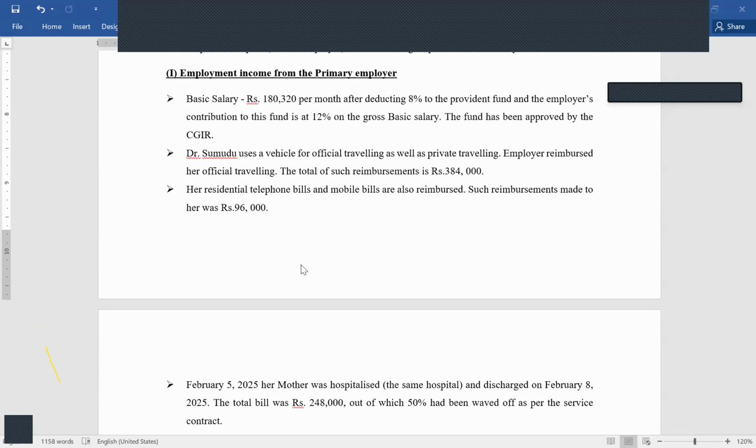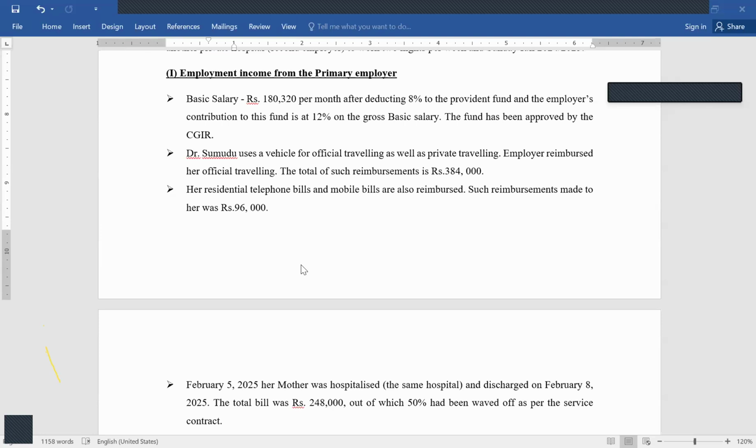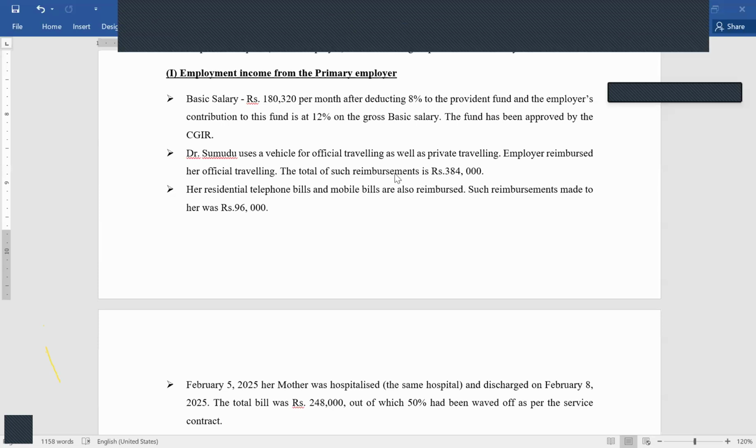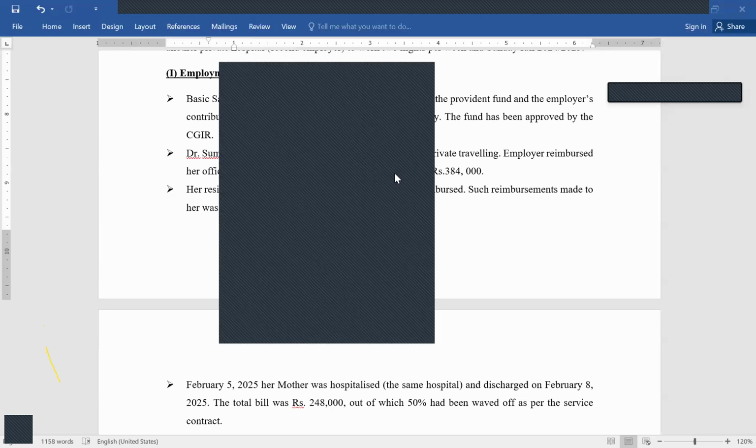For the official purpose, when she incurred and was reimbursed, is it a benefit? Or if Dr. Sumudu incurs for private purpose and the employer reimburses it, is it a benefit to her? Two situations. Okay, I think now you can understand.